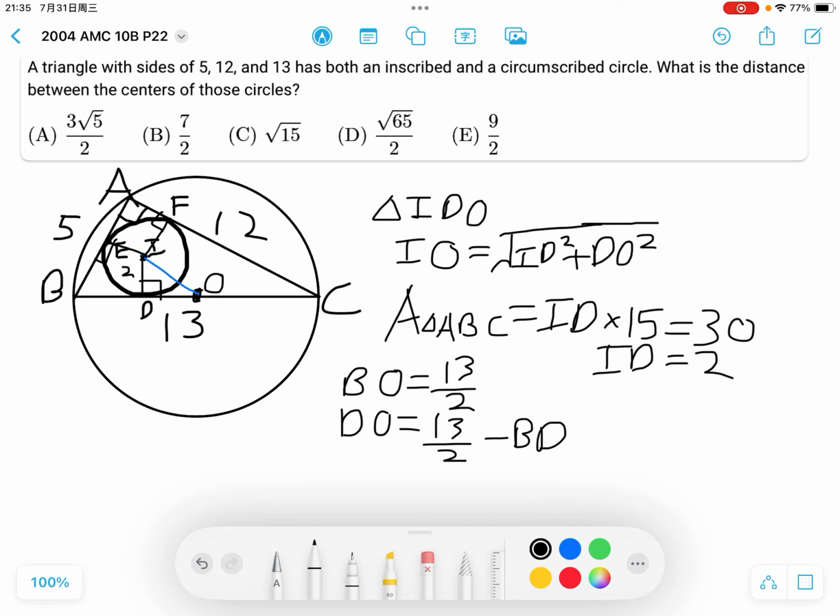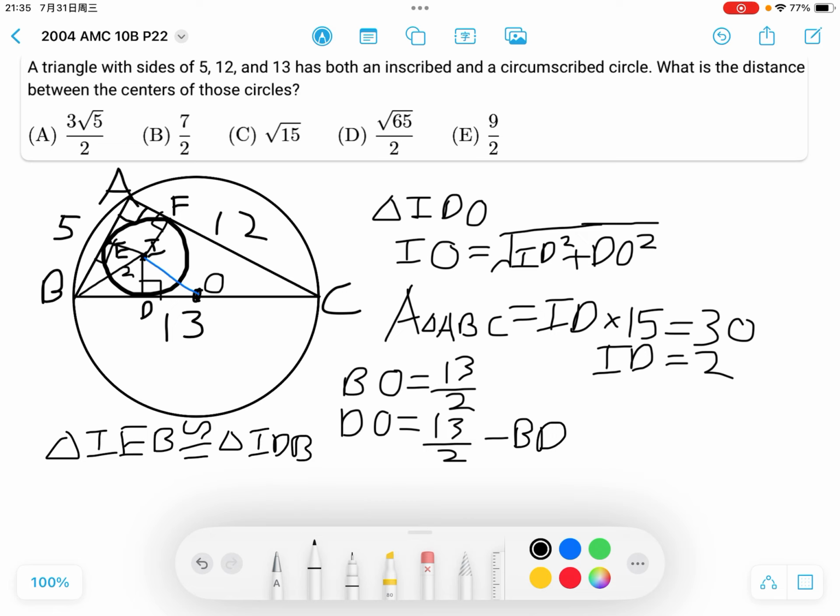minus BD. Okay, so here we're going to prove a few things. We want to know that BE is equal to BD. Why is that? If I connect IB, then I know that triangle IEB is congruent to triangle IDB.